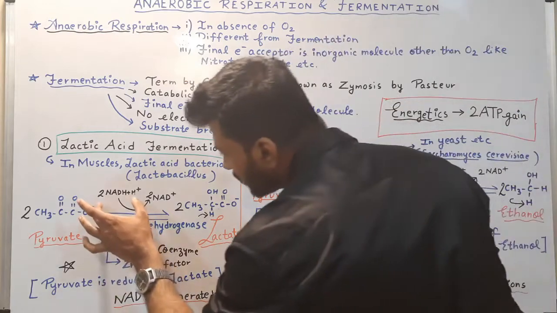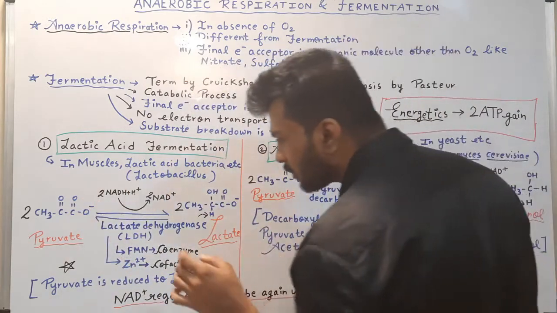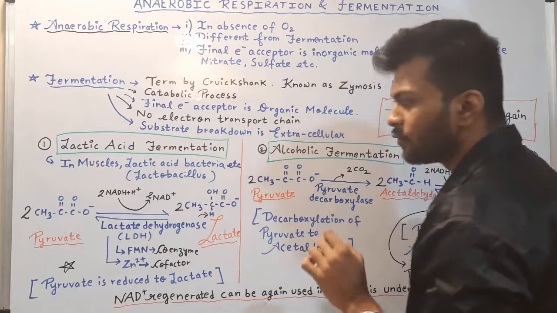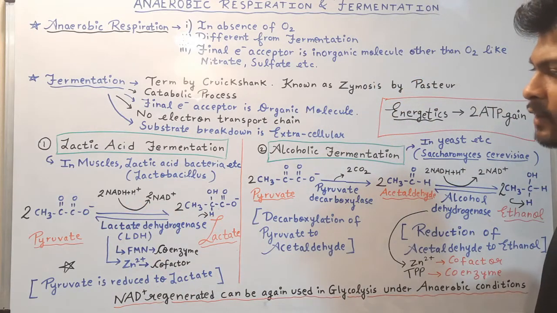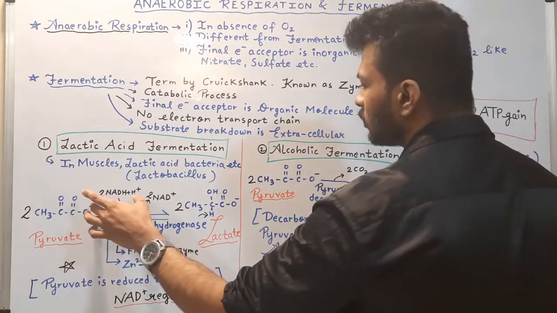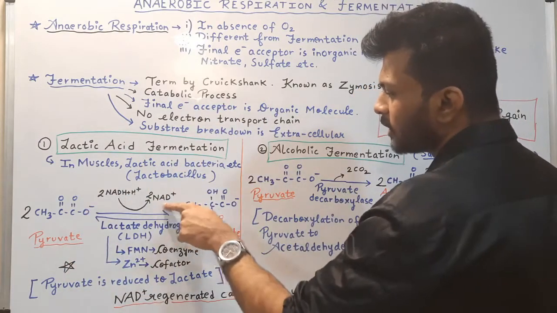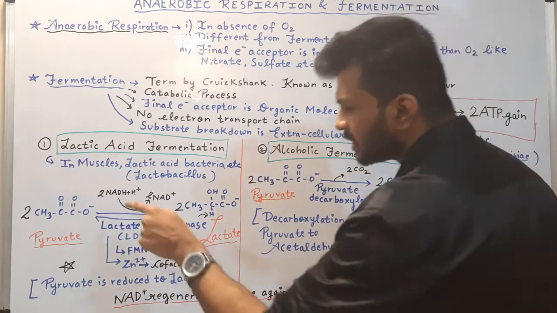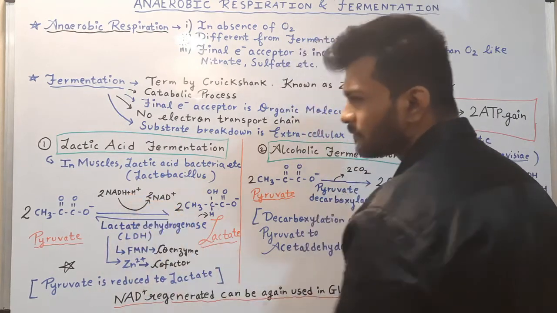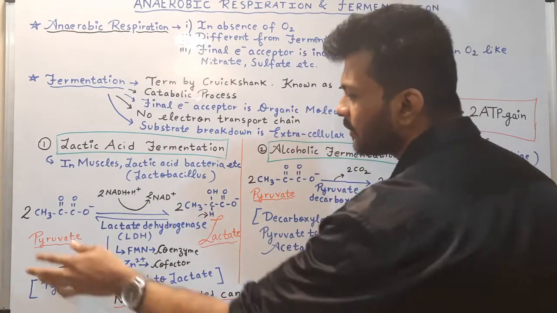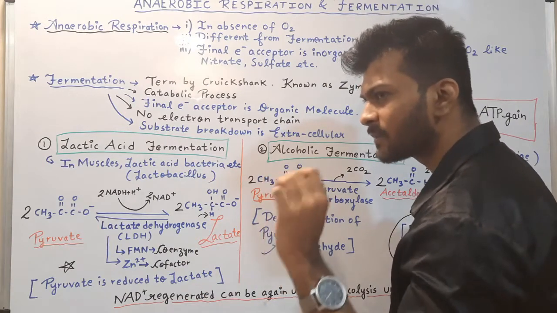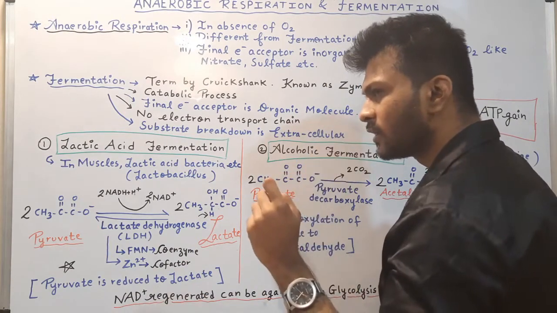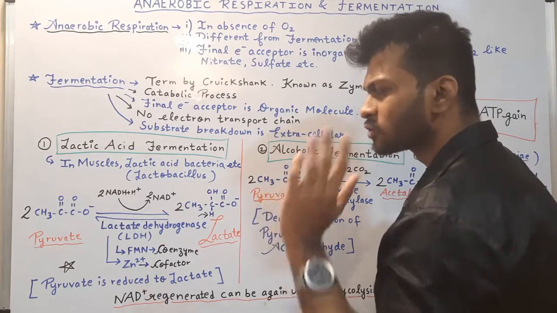So here NADH plus H plus is getting converted into NAD plus, which means it is losing hydrogen atom and electron, which means NADH molecule is getting oxidized into NAD plus, and this hydrogen atom will be accepted by this pyruvate, and we know that when the molecule accepts hydrogen atom and electron, we say that it is reduced.